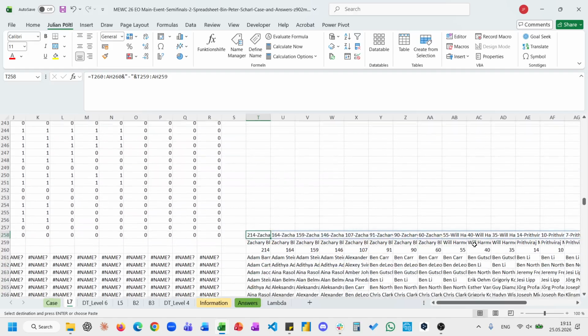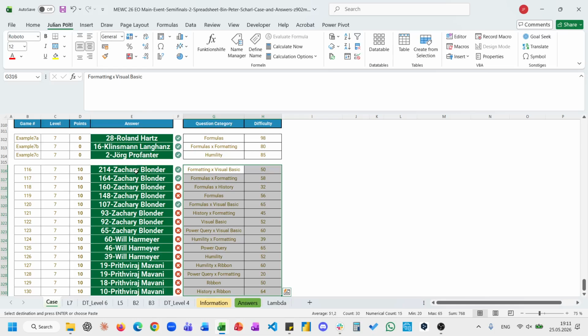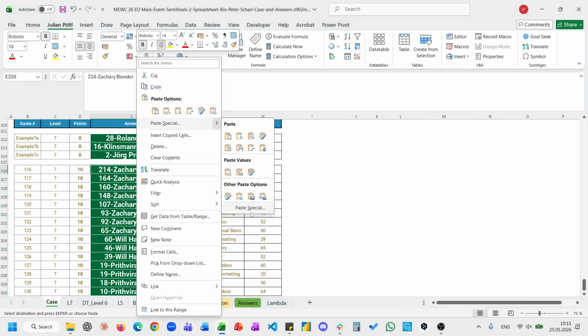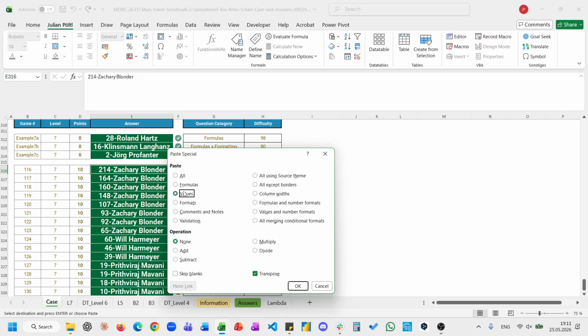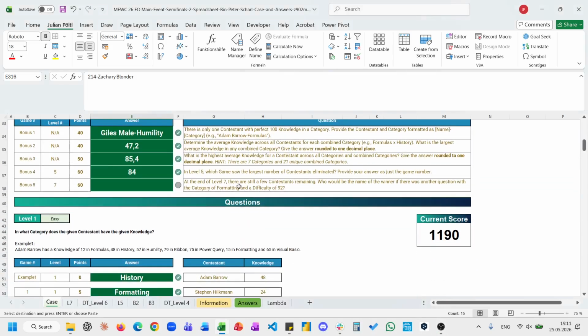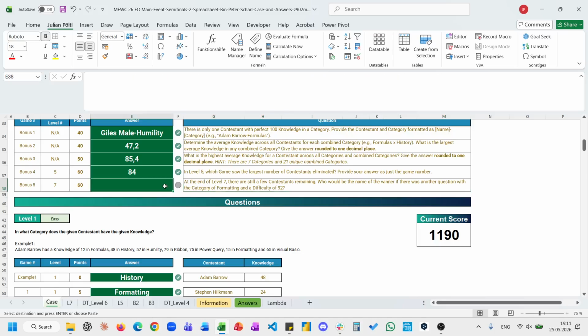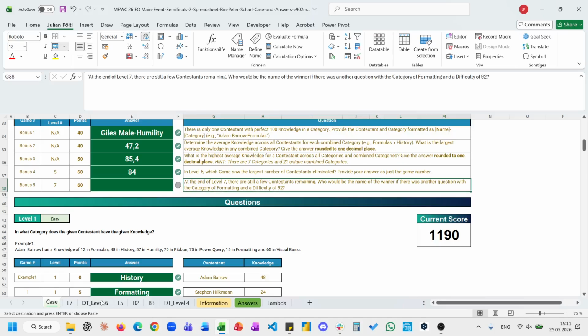What is the result? 214, 170. Yeah, seems to be right. Seems to be right. Yes. Yeah, a little bit over 30. There are still a few contestants remaining. Who would be the winner? Okay, we take the contestants and add a separate category.